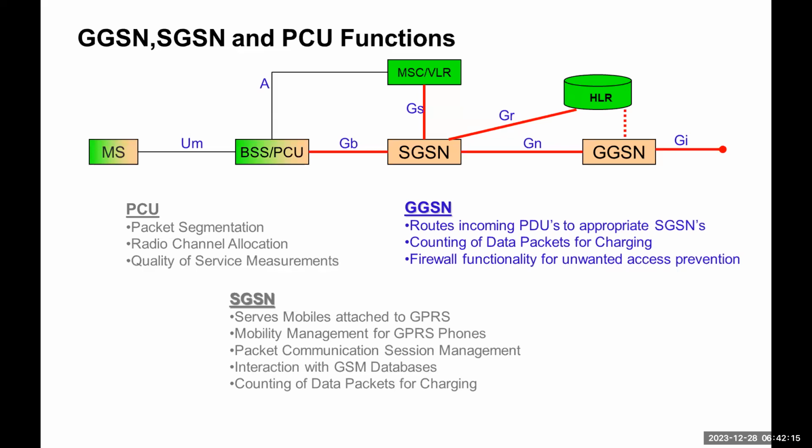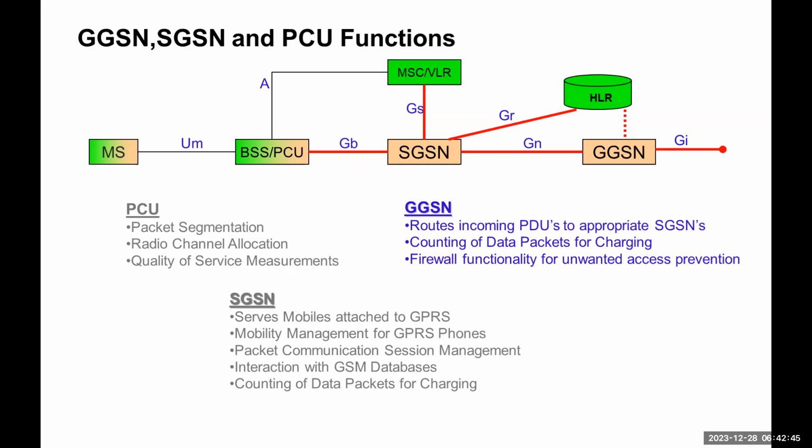Now the SGSN controls the BSS and controls the mobility management functions for the GPRS phone. The SGSN also provides the packet data service to the mobile attached on the GPRS network. It manages the packet communication session between the individual mobile station and the GGSN.